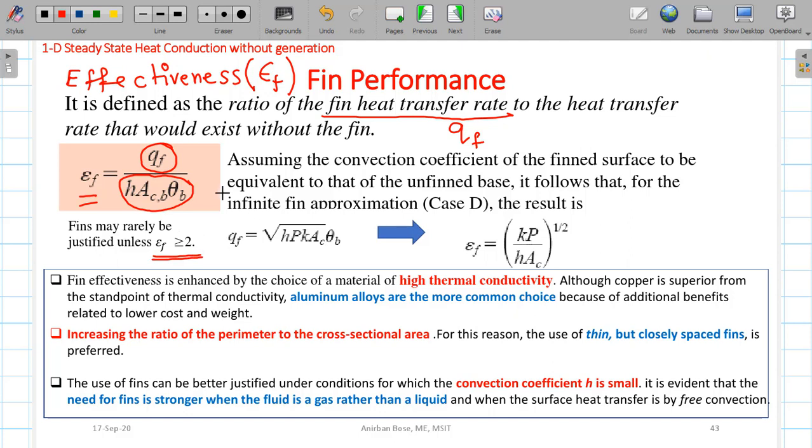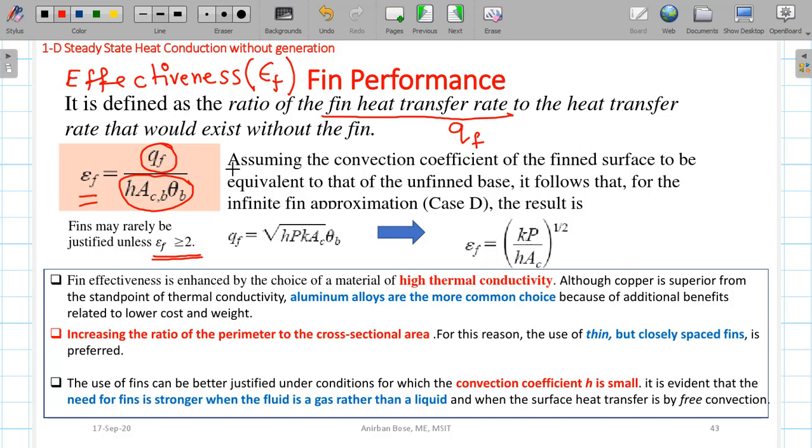These are certain realistic considerations: unless effectiveness is more than 2, it is not very justified to apply fins, because applying fins will incur a lot of cost, and may incur other factors related to the design, or fracture and fatigue related possibilities. So it is well justified in terms of heat transfer only if it is more than 2.